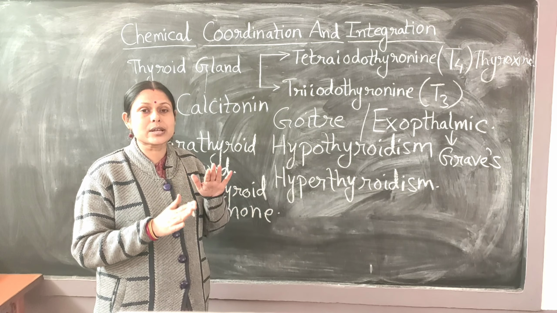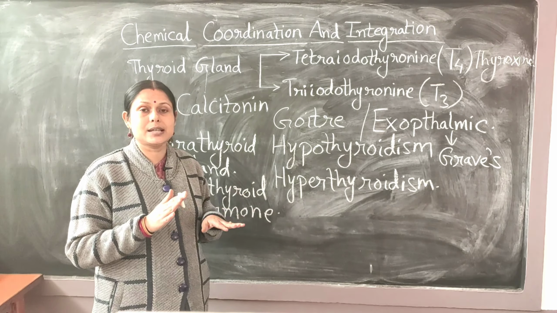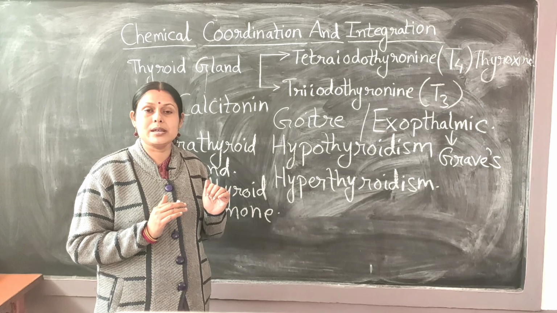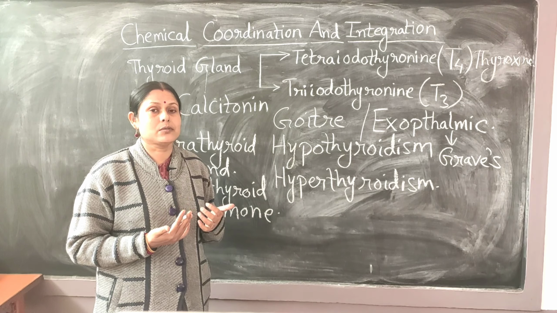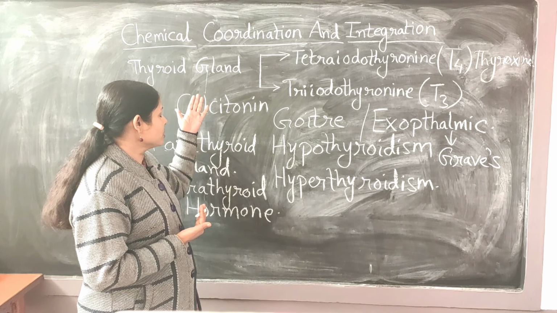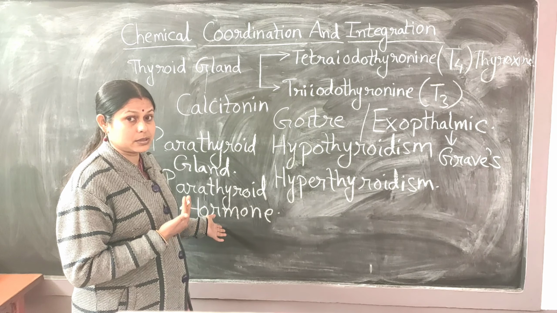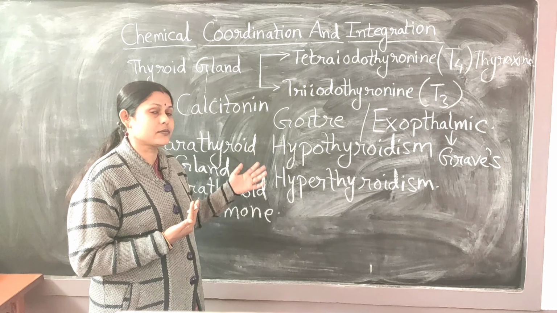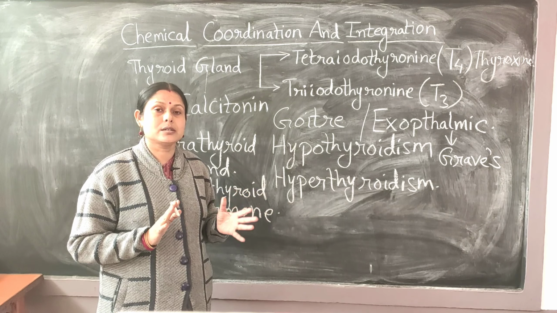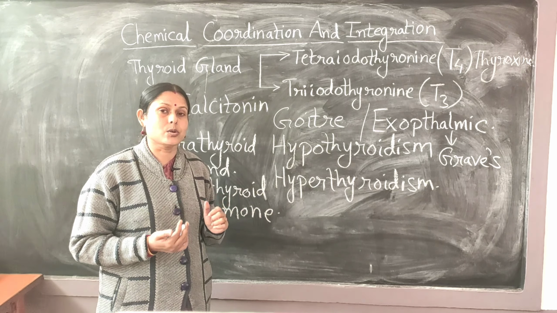So both of them are regulating the level of calcium in the blood, which is very important for the normal physiological functioning of the organism. These are the two endocrine glands as well as the hormones secreted by them, and how they function in our body to keep it working normally.